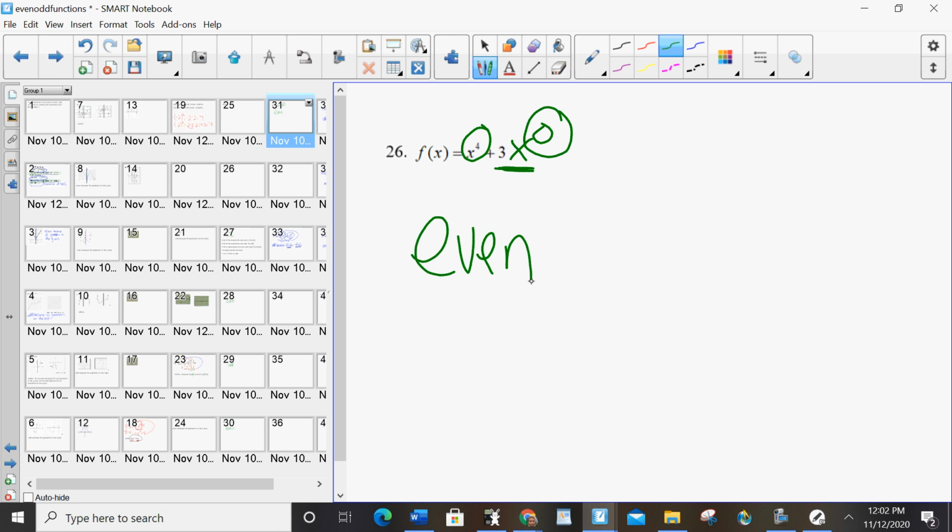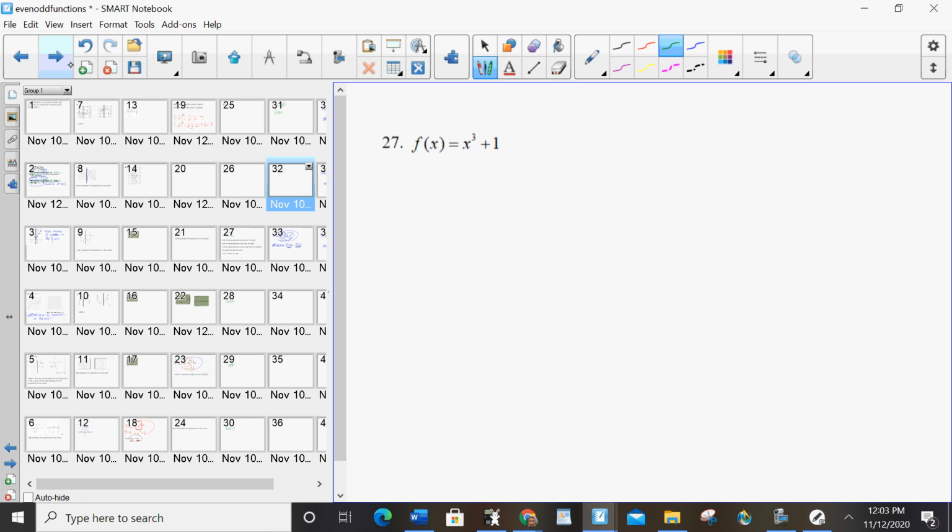So a constant term, a term without an x, technically has an x to the 0, which means it's an even term. Even though 3 is an odd number, it doesn't matter. It matters what the exponent is. If you have a constant term, the exponent is even. So this one, odd, this technically has an x to the 0. That's even. Odd and even is neither.